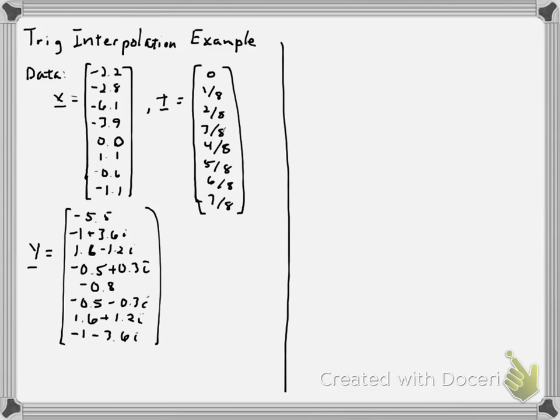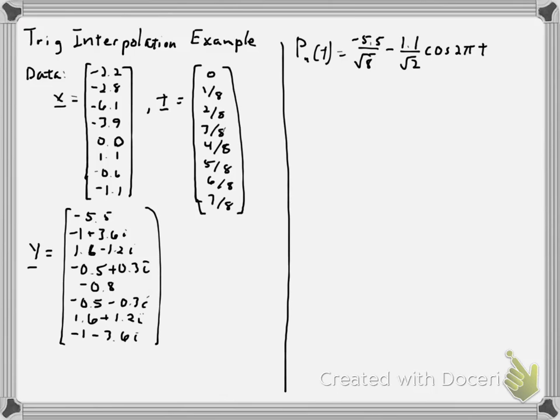So p sub n of t is equal to a sub 0 over square root of n, minus 5.5 over the square root of 8, and then minus 1.1 over the square root of 2 cosine of 2 pi t.